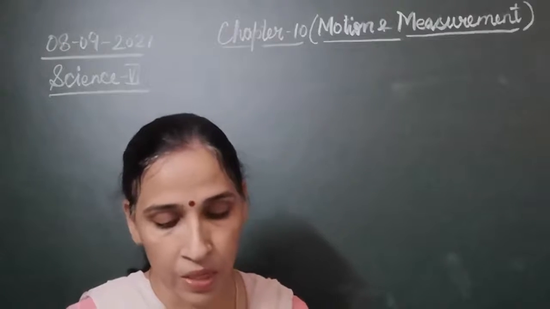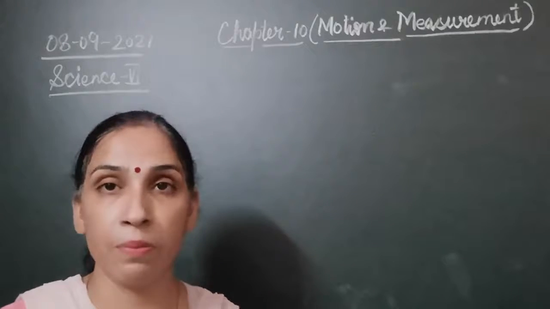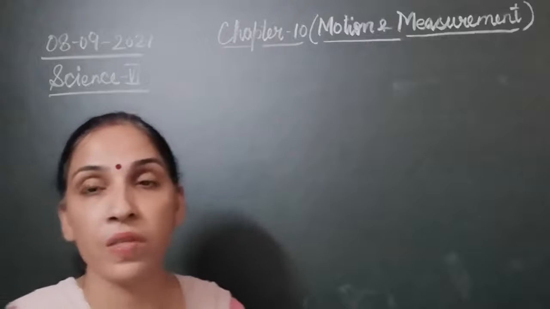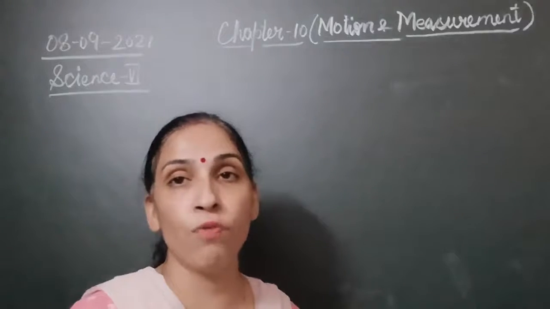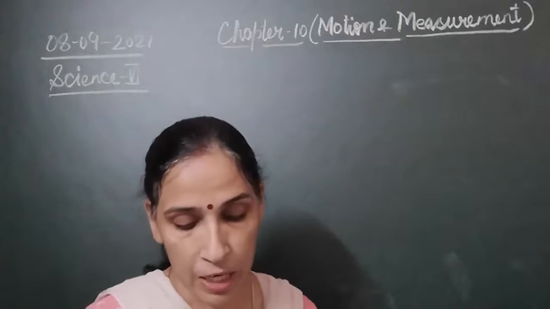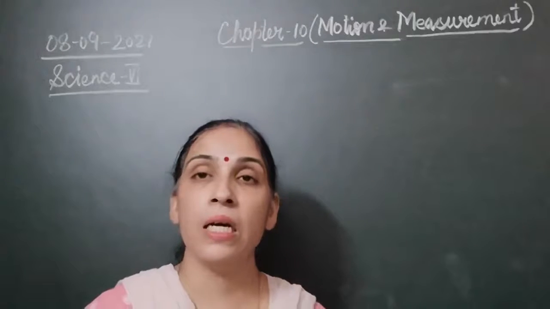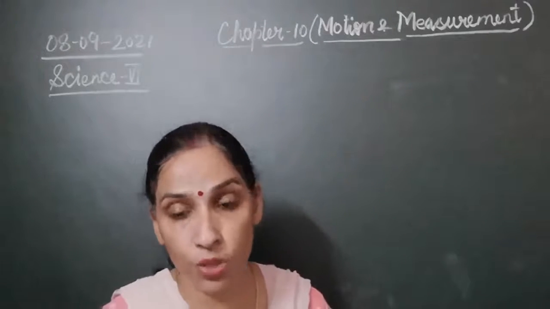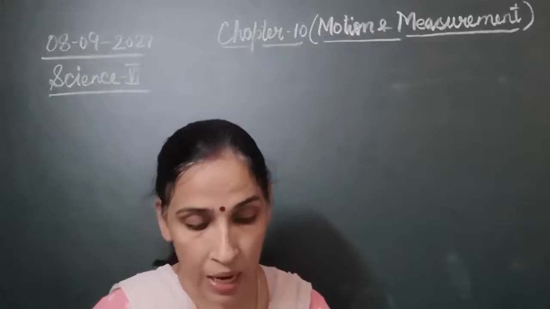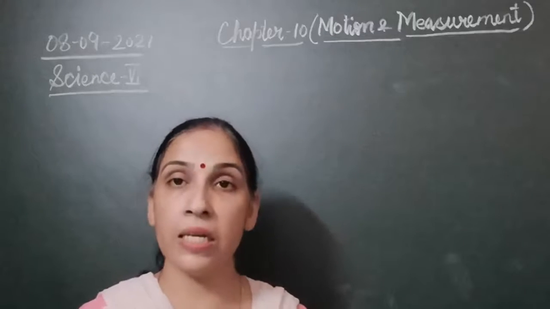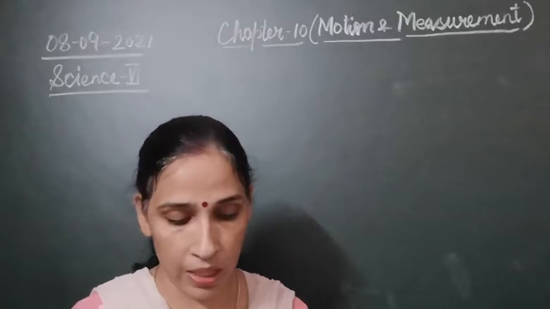For example, if the length of a room is 10 meters, it means that the length is measured in the unit meters, and this unit is contained 10 times in the length.